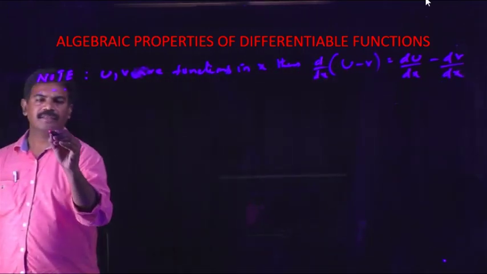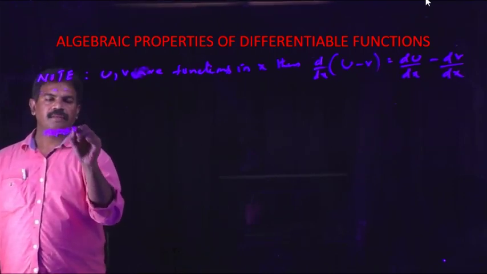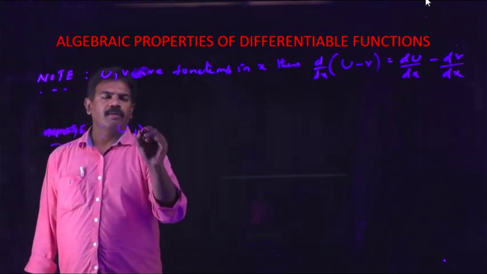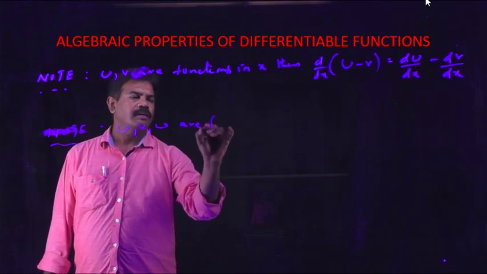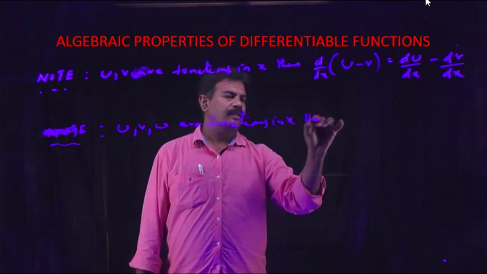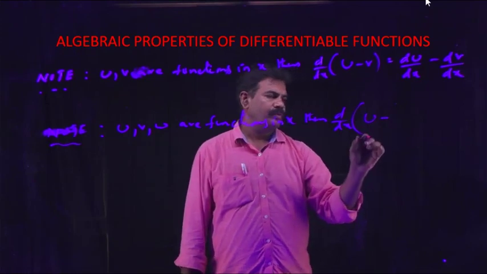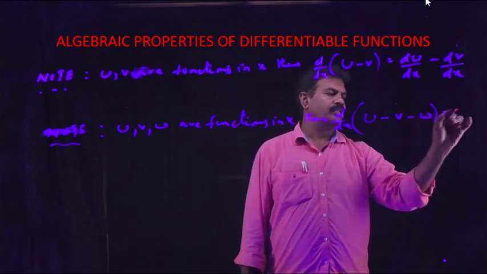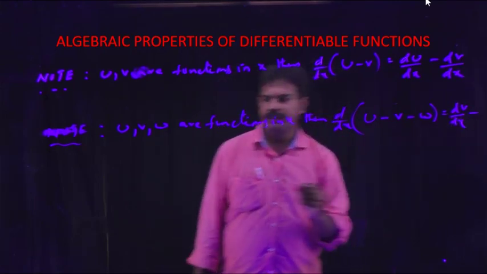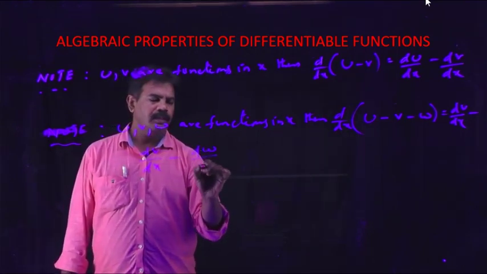So another note is, if u, v, w are functions in x, then d by dx of u minus v minus w is equal to du by dx minus dv by dx minus dw by dx.